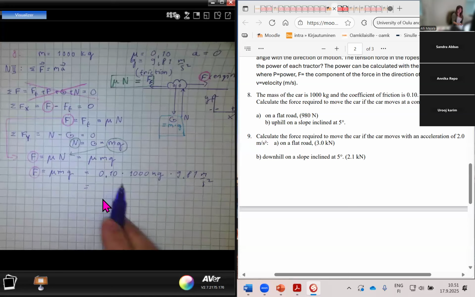So it's actually what we calculate here, this is 1,000 times this, and then times one-tenth of this.